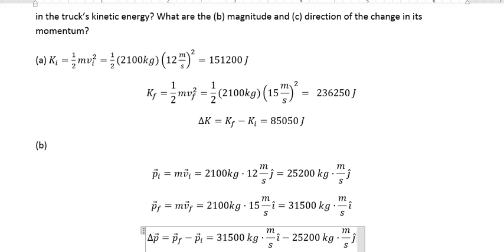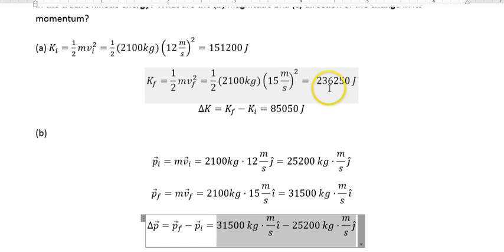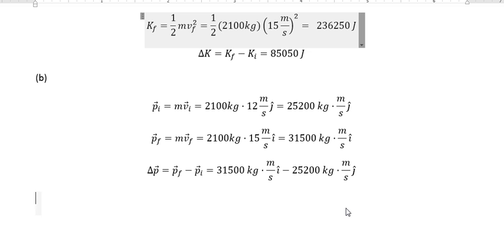Okay, but because it's a vector, that's the change in momentum. We can't reduce it any further, but it does ask for the magnitude, right? And so if we calculate the magnitude, well, what is that going to be? That's going to be the square root of 31,500 squared plus 25,200 squared.